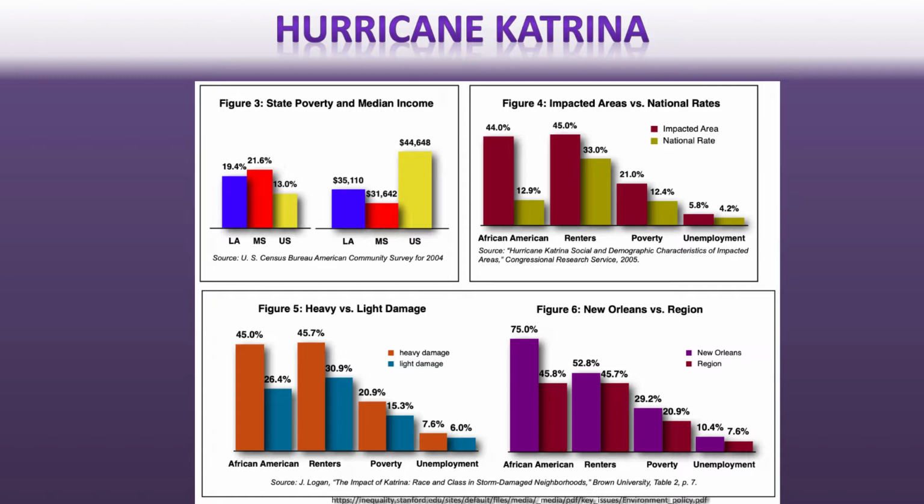People who are lower income or unemployed were more likely to experience that high damage. And you can see that in these impacted areas, it's more likely there was a higher representation of people who are African American, generally speaking. So I'm not going to go through all of this, but there seems to be a very strong relationship going on here.